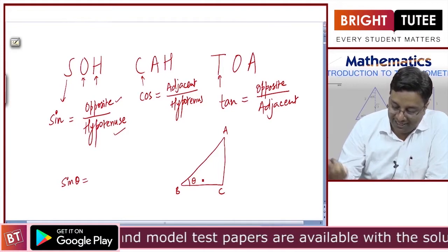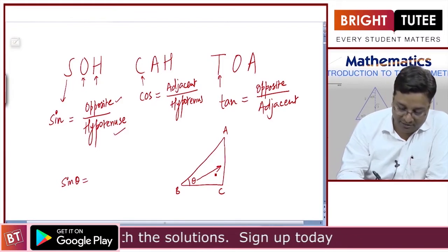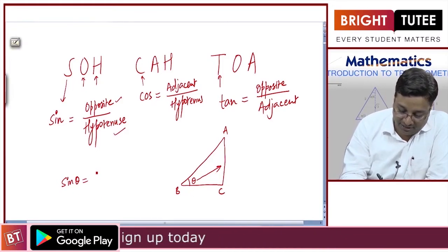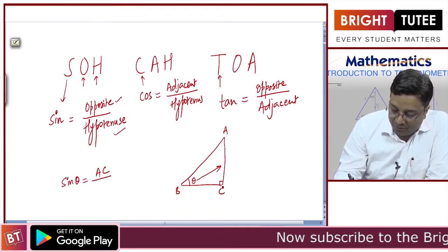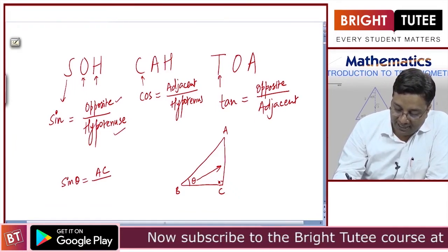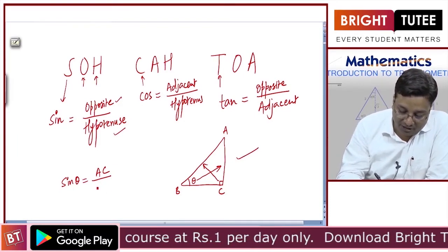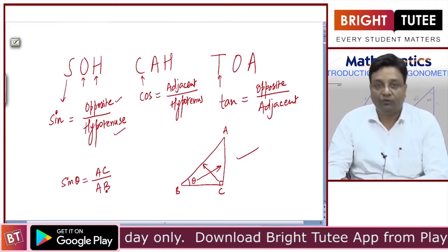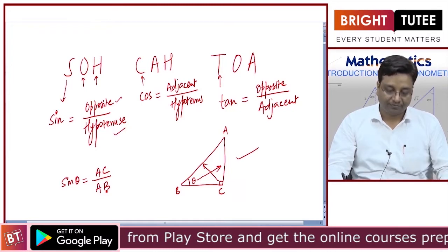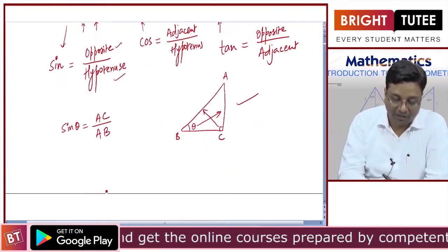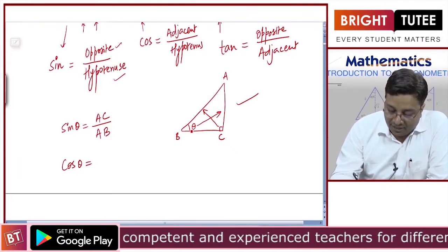So what is the side opposite to this angle? This is the side opposite to this angle. So sin theta in this triangle ABC is AC upon, and what is the hypotenuse? Hypotenuse is the side opposite to the right angle, right? So in this triangle hypotenuse is side AB. So what is sin theta in this triangle? AC upon AB, right?